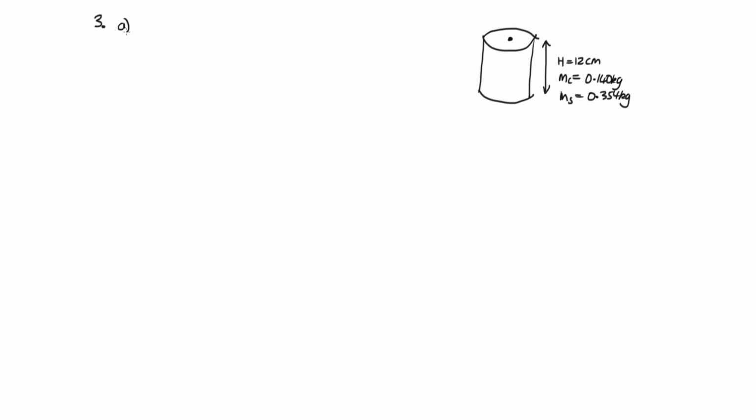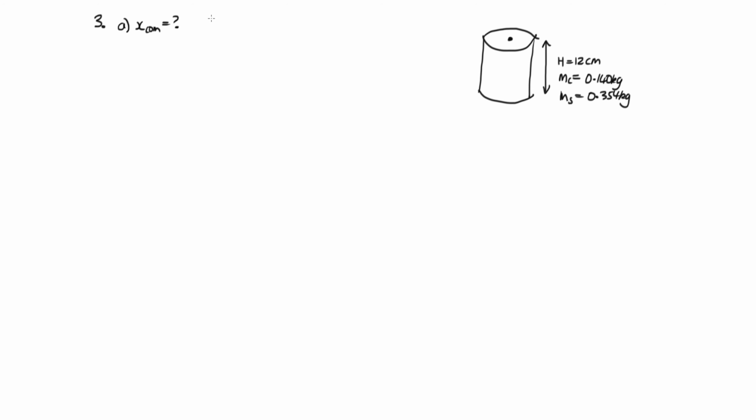And in the first part, we're asked, well, what's the center of mass of the can when it's full of soda? Okay, now the nice thing with this problem is that it's very symmetrical. So with our can, we can assume it's got the same mass up the top as down the bottom.